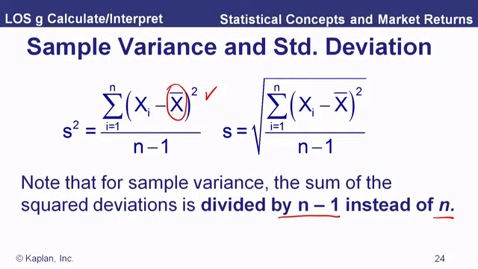Our x bar here is the mean. It's the average of the values of the sample. So that's the sample mean. So we're taking the deviations from the sample mean, we're squaring each of them, adding them all up, and dividing by n minus 1. And that's to get the sample variance, and the square root of that, the sample standard deviation.